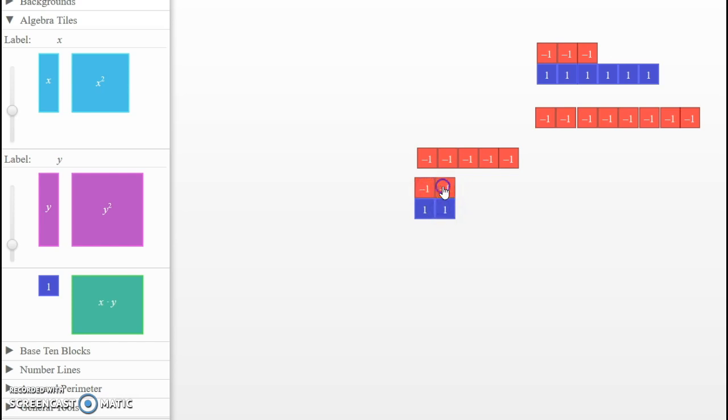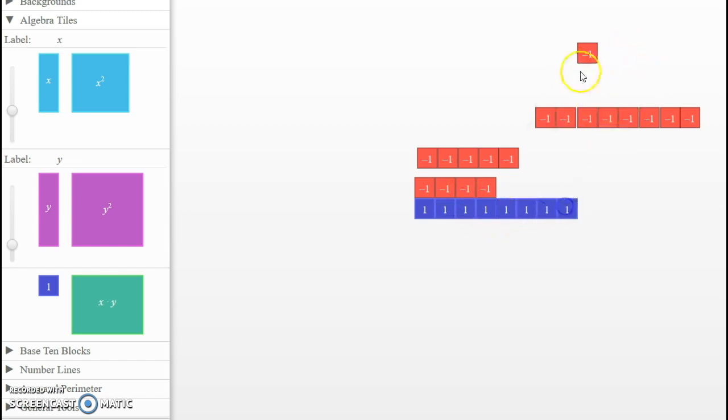And I know that seems silly, but I don't have a positive 8 to take away. So the only thing we know how to do at this point is adding groups of 0. 1, 2, 3, 4, 5, 6, 7, 8. Because we know that adding 0 doesn't change anything.